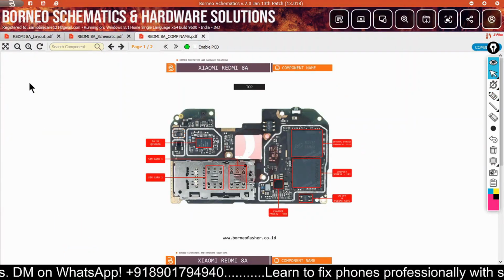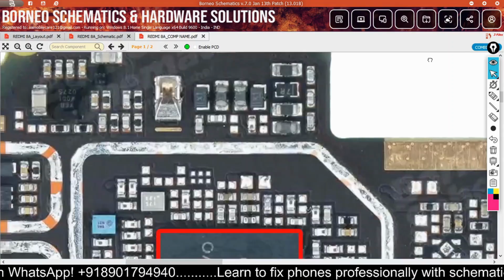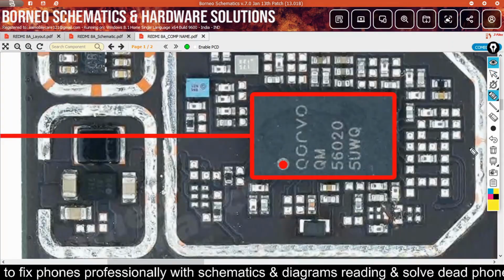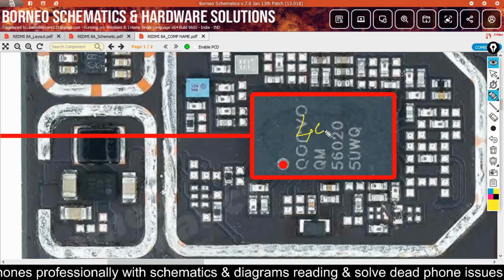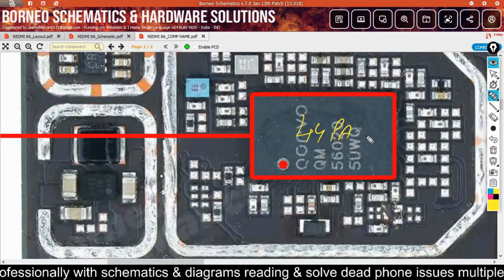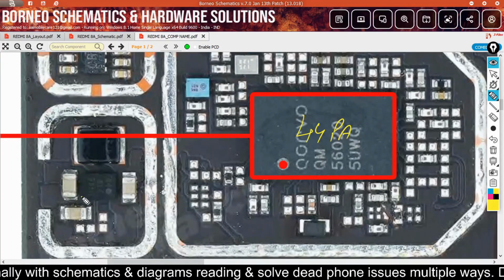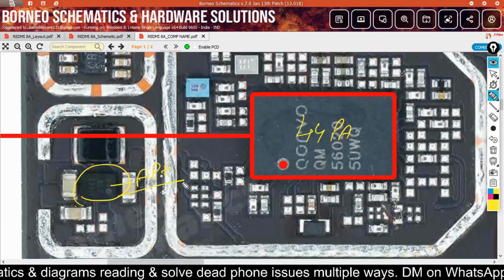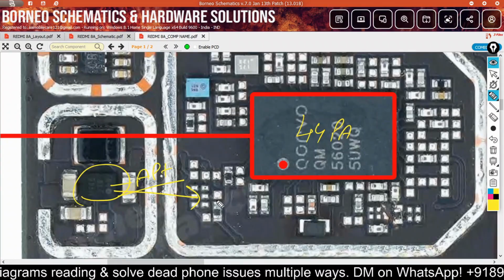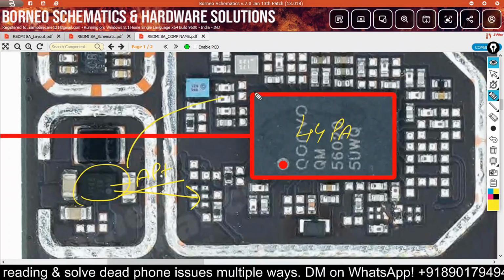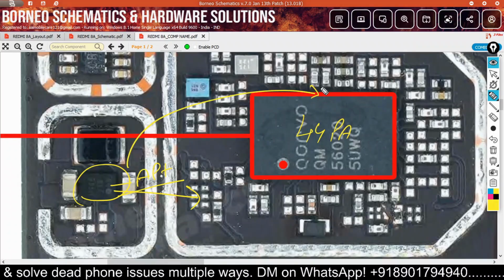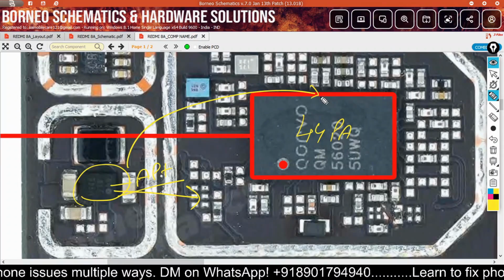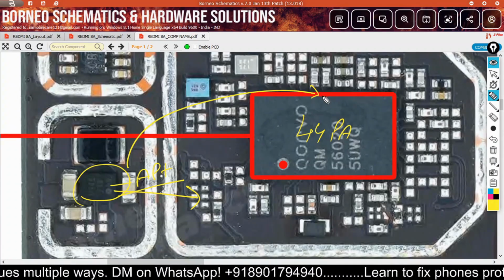Now this is a motherboard, and we zoom in. Now this one is our 4G PA, and this small one is a little tiny IC called APT. Remember one thing, through this line this IC gives the voltage, and there are high chances that this line is open.